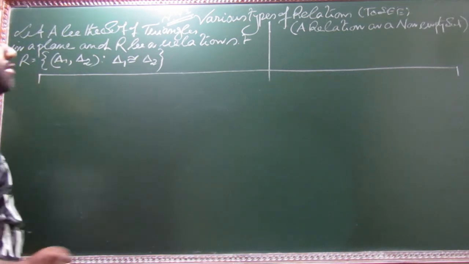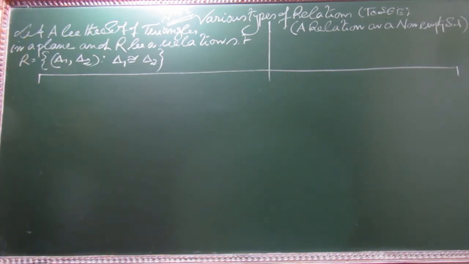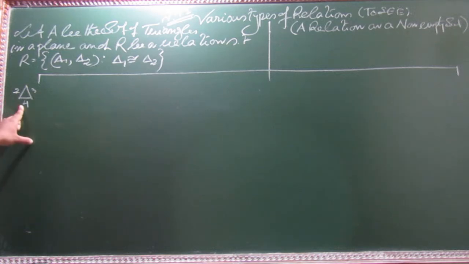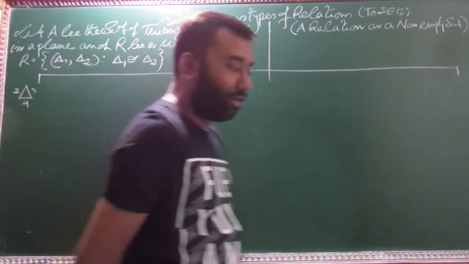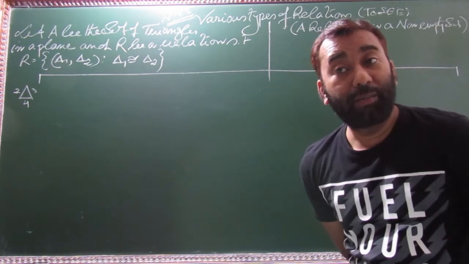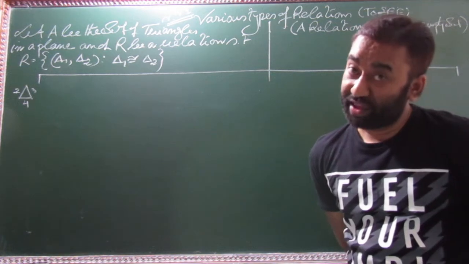First one is reflexive relation. So how can I tell you? Suppose I consider one triangle whose sides are of length 2, 3 and 4 centimeter. Now, you know that two triangles are congruent if they are of same shape and same size.